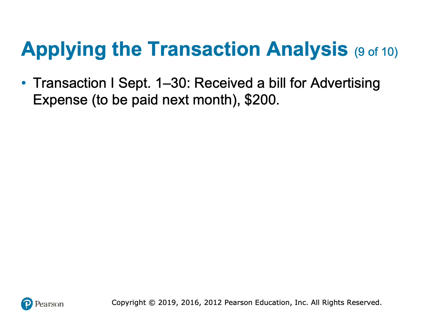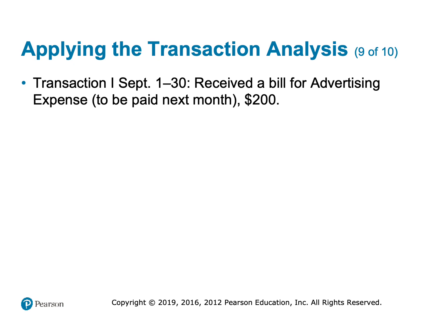So I don't want to put this off and wait till next month when I pay the bill. I want to go ahead and record the bill now. So I'm going to debit advertising expense because I always debit an expense. But instead of crediting cash, I want to credit a liability account. I want to credit a payable because I owe this money to the advertisers.